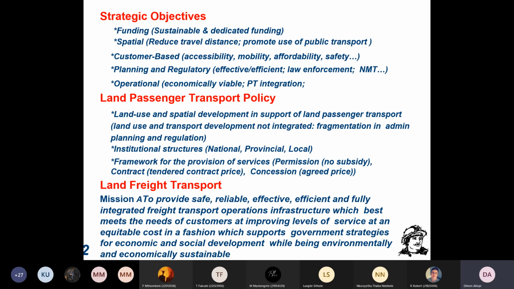Now freight referring to your goods and so forth, and again the issue of safety, reliability, efficiency, effectiveness comes in to provide a provision for freight transport. Very important. Imagine now you are transporting butter from Durban to Johannesburg, and by the time the butter reaches Johannesburg, it's in liquid form.